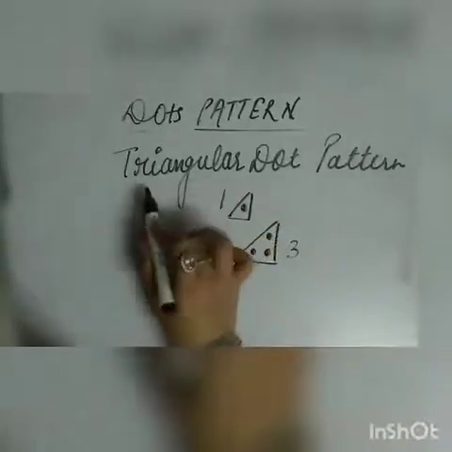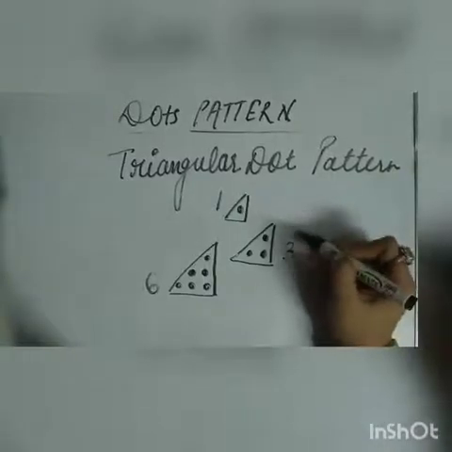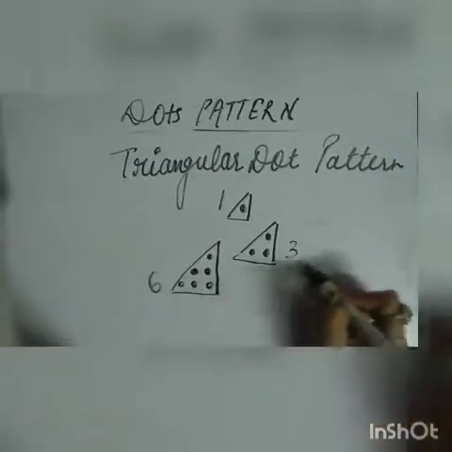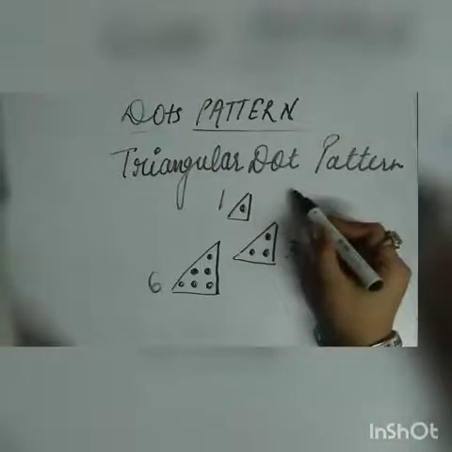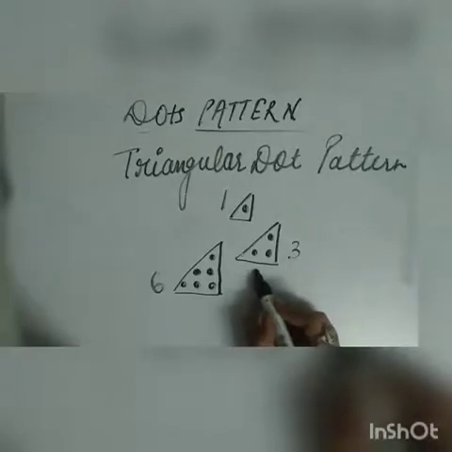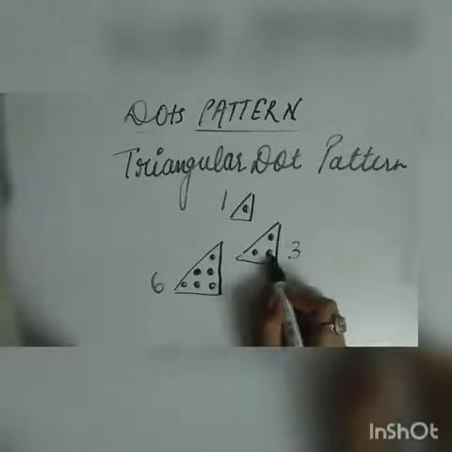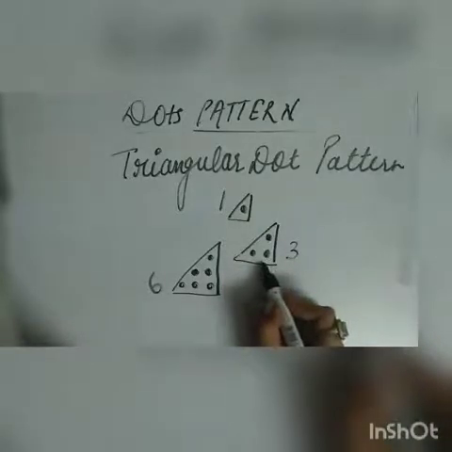The next pattern is triangular dot pattern. In this pattern, the dots are arranged in triangular form. The first triangle has 1 dot. The second triangle has another row with 2 extra dots as compared to the previous triangle.